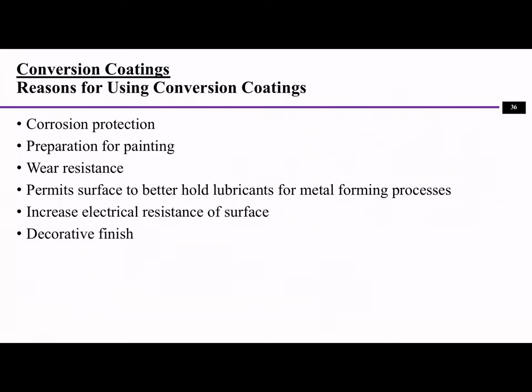Some of the reasons for using conversion coating include corrosion protection, preparation for painting, wear resistance, decoration, finish, or increasing the electrical resistance of the surface. It also permits the surface to better hold lubricants for metal forming processes.